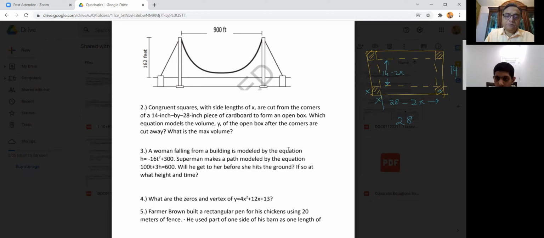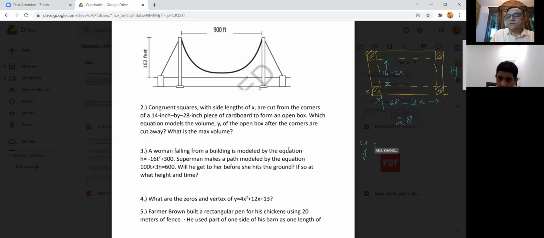So now, congruent squares with side lengths of x are cut from the corners of the 14-inch by 28-inch piece of cardboard to form an open box. This equation models the volume y of the open box after the corners are cut away. So volume y will be equal to what?